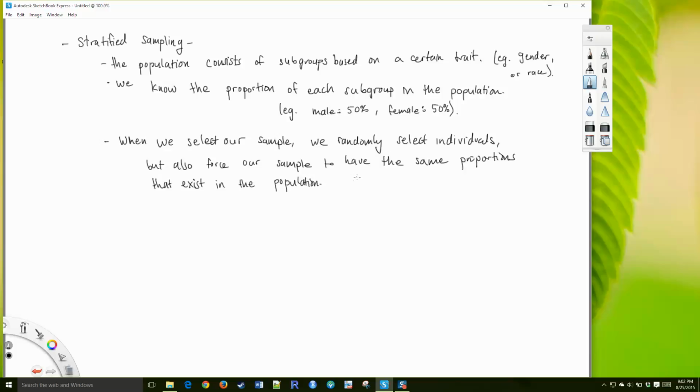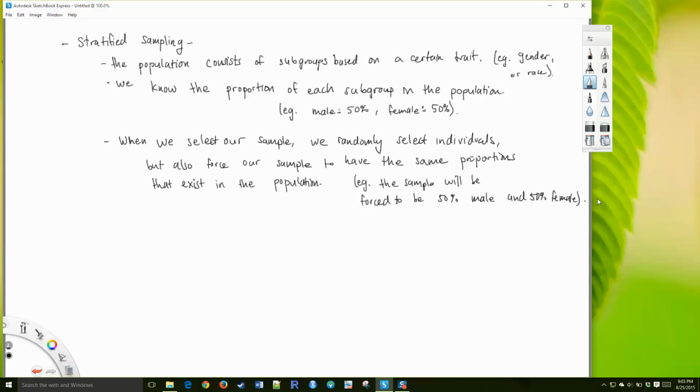So for example, if we did stratified sampling, we would force our sample to be 50% male and 50% female.